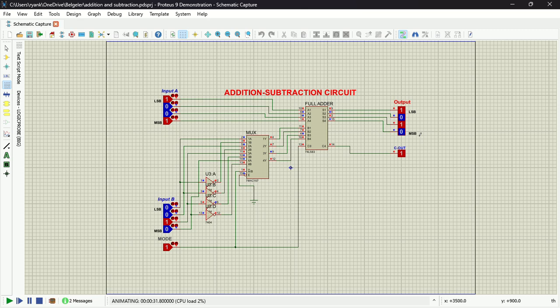For subtraction, we don't consider the carry output. We only consider the carry output when we're dealing with addition. All right, let me try another example.